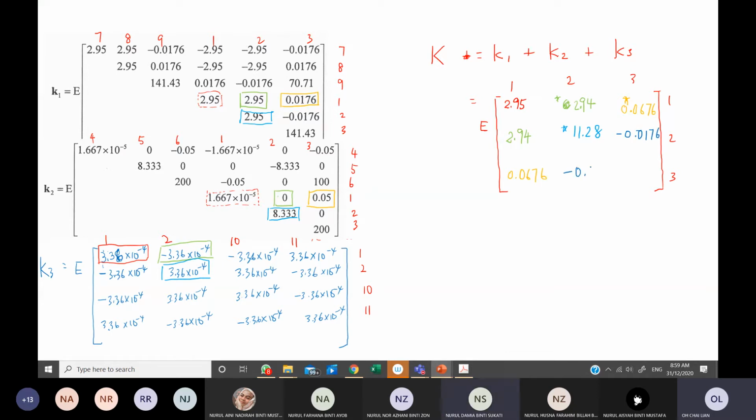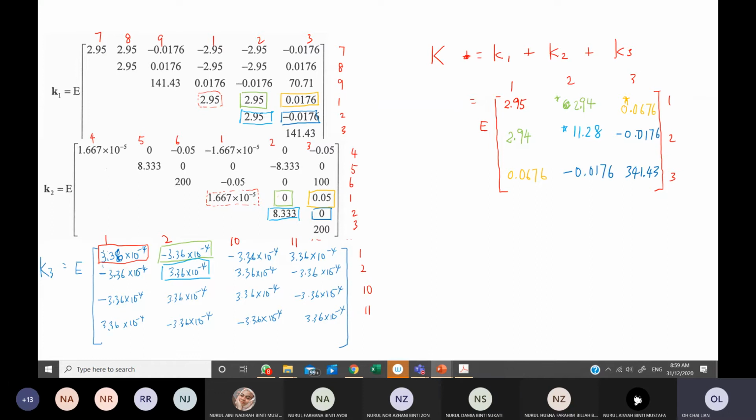Negative 0.0176. Okay, so this is K23. 23 is this one. 341.43. Okay, so thank you very much, Damia.